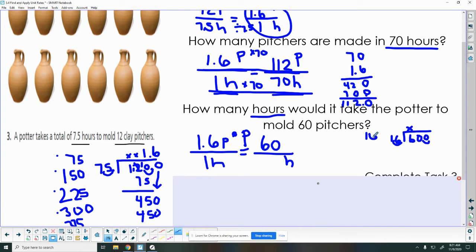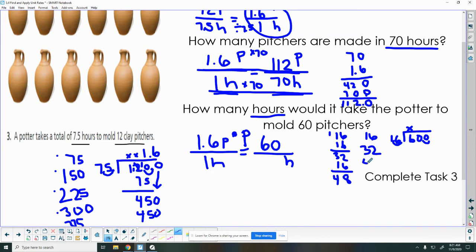Let me make a list here. So 16 plus 16 is 32. And I've got to go bigger. So another 16 here makes that 48. Let's do one more and see what happens. There's 16 more.